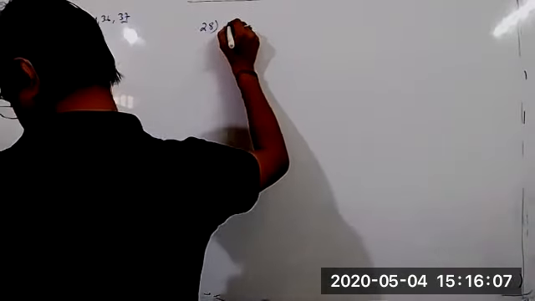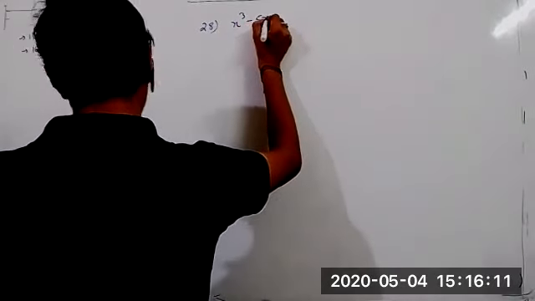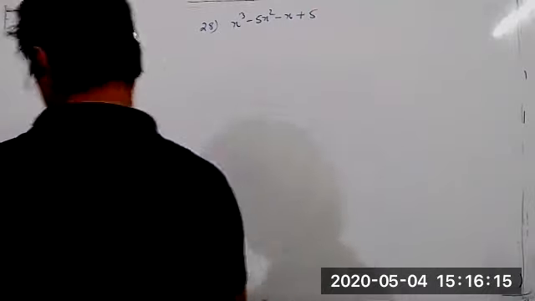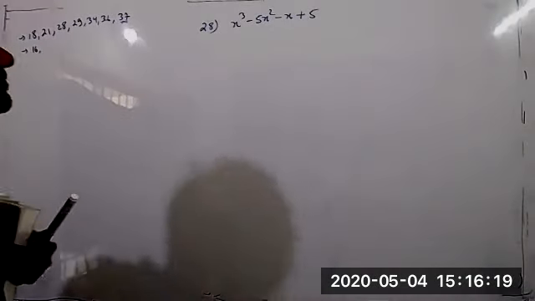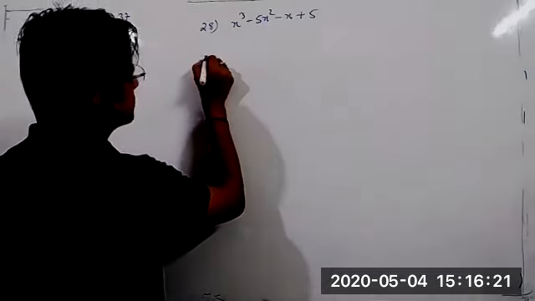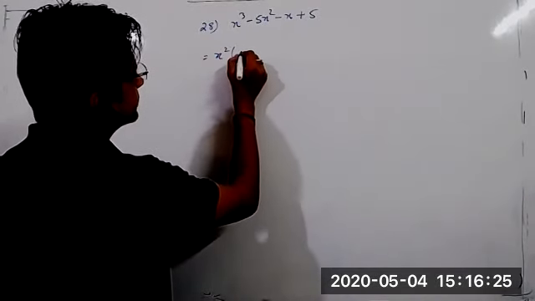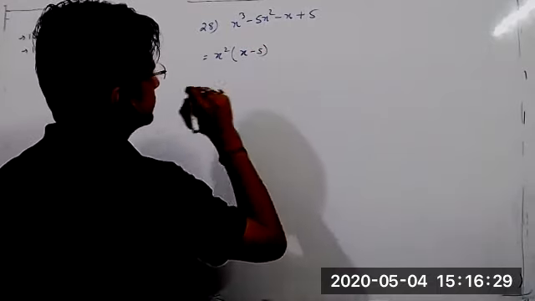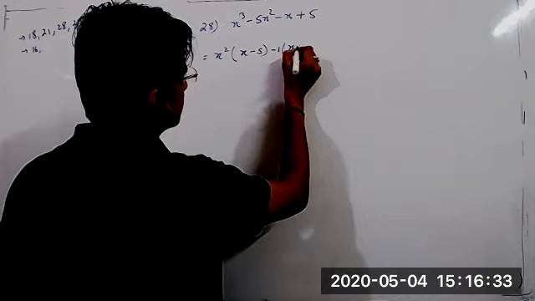Twenty-eighth question is x cubed minus 5x square minus x plus 5. So we take the common x square out, x minus 5, then minus 1, x minus 5.